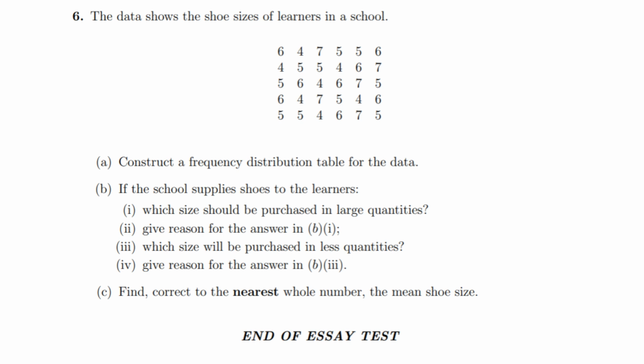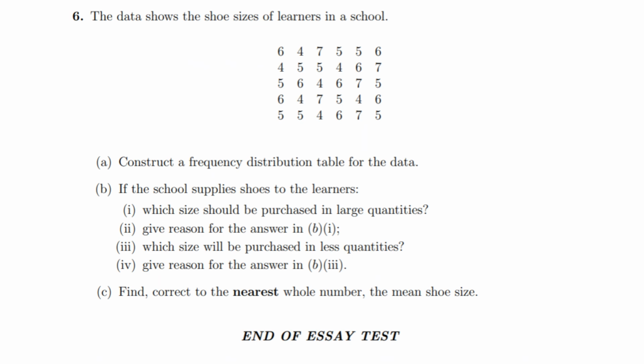Then give a reason for your answer in ii. And iii, which size will be purchased in less quantity? Then iv, give a reason for your answer. Then C, find, correct to the nearest whole number, the mean shoe size.